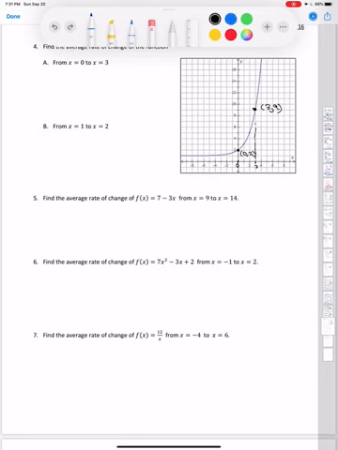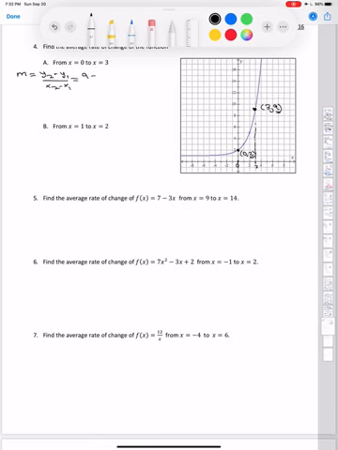So we understand slope. So m is equal to change in y over change in x. So if we're going from x equals 0 to x equals 3, we see the y values, we got 9 and 2. So again, y2 minus y1 over x2 minus x1.